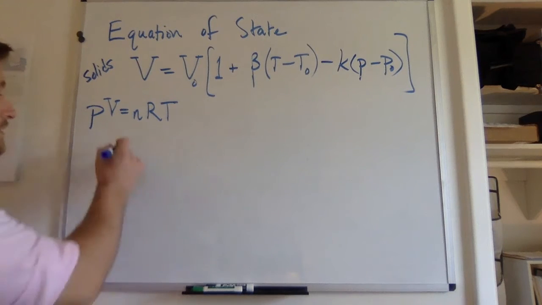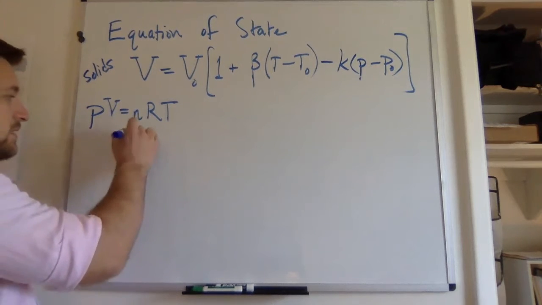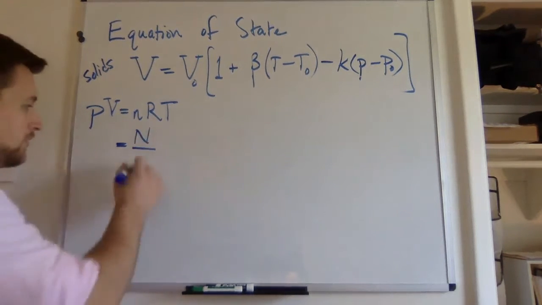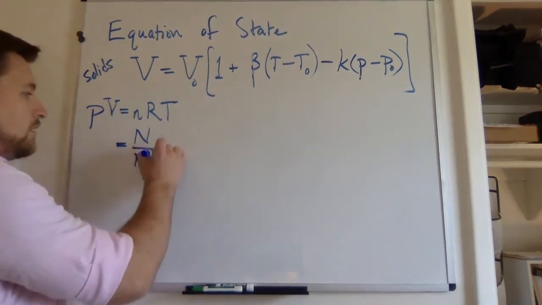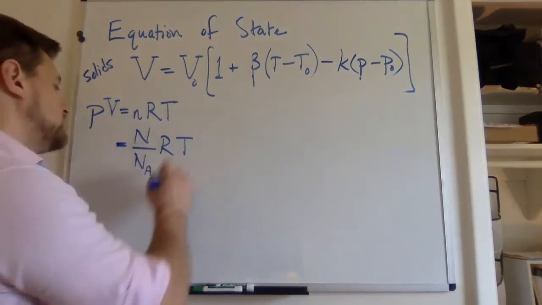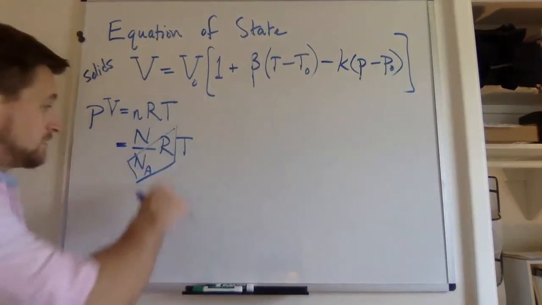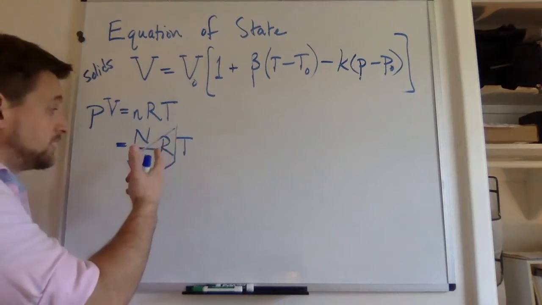We know that the number of moles is the number of molecules divided by the number of molecules per mole, Avogadro's number. So these two things are just numbers, the gas constant and Avogadro's number.